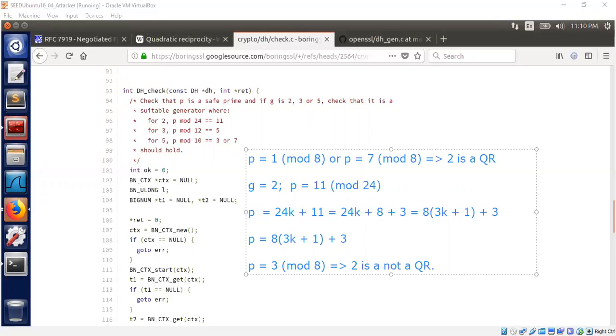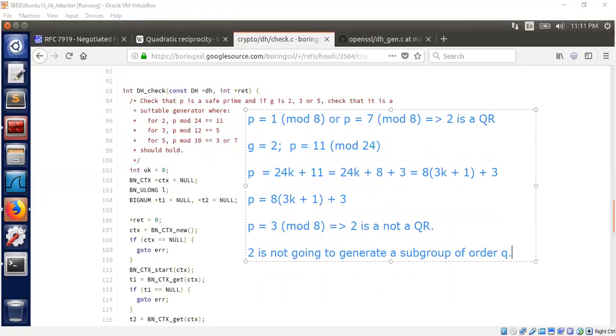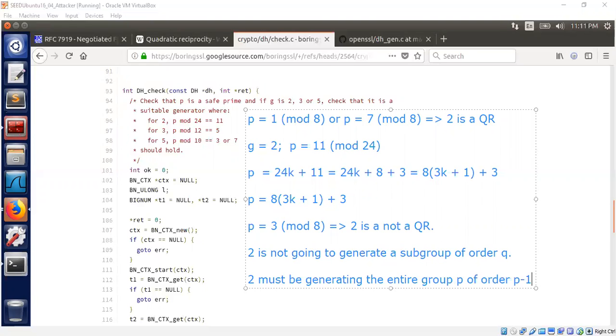That means 2 is not going to generate a subgroup of order Q. So what kind of group will 2 generate then? Remember, we are in the safe prime context. Therefore, 2 must be generating the entire group of order P minus 1, right? That's basically it.